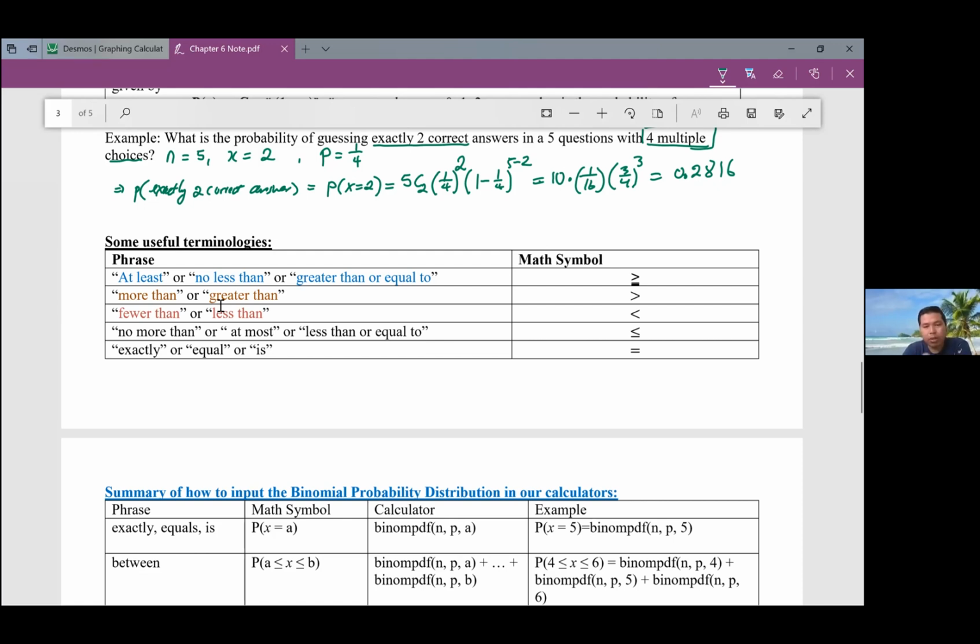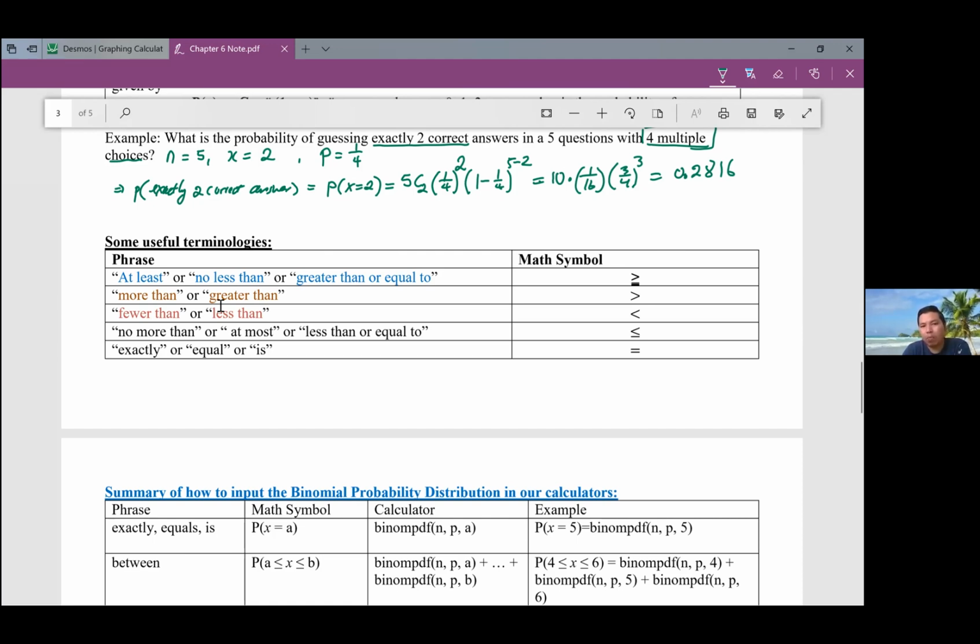some useful terminologies and the translation to math symbols that we can see throughout the course of binomial experiments, okay? At least, no less than, or greater than or equal, can all be translated to greater than or equal to, right? You can see the math symbol. More than or greater than, there's no equal sign. Fewer than, less than, there's no equal sign.